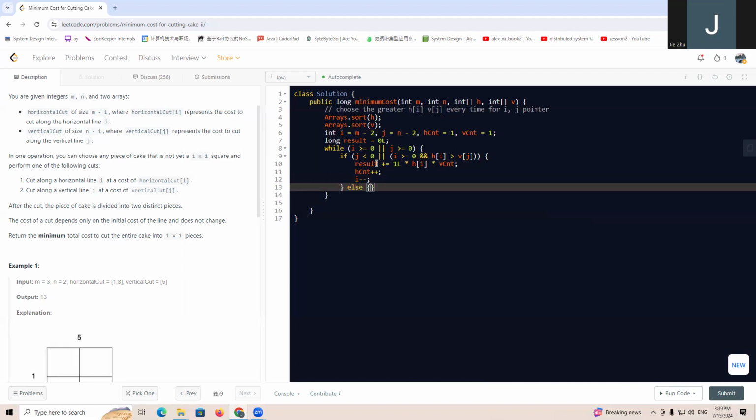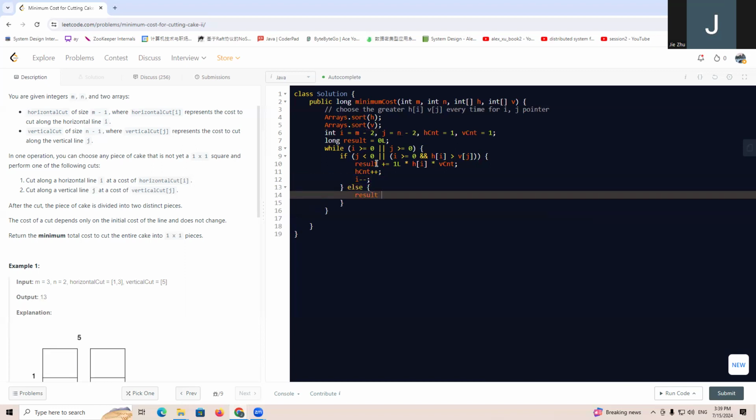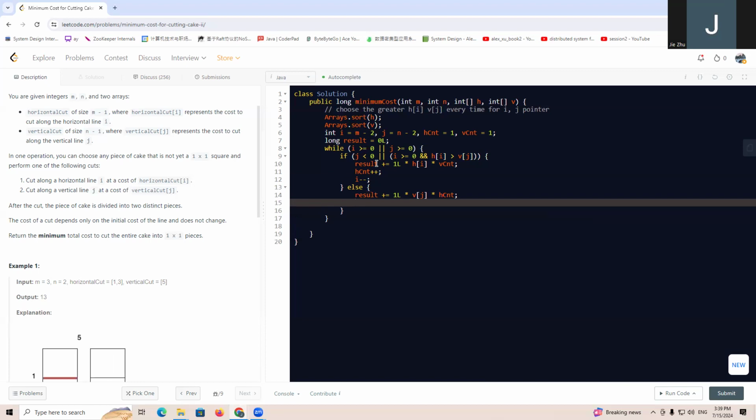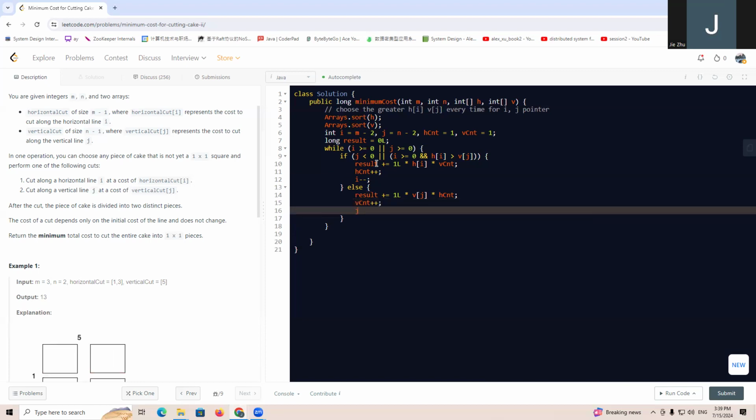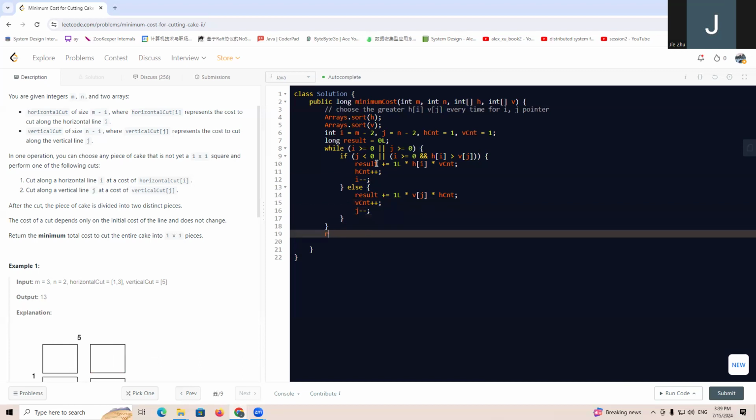And else we are going to have result plus equal to 1L multiplied by vertical j multiplied by the horizontal count. And we'll have the vertical count increase by 1, and move j. In the end, we just return result.